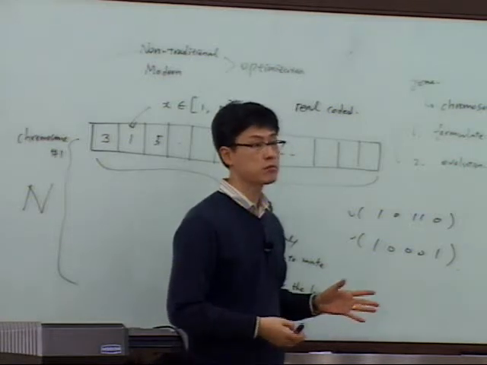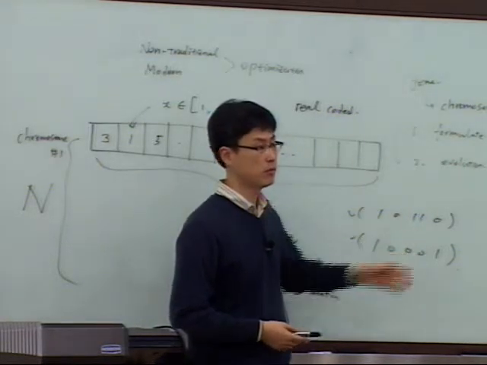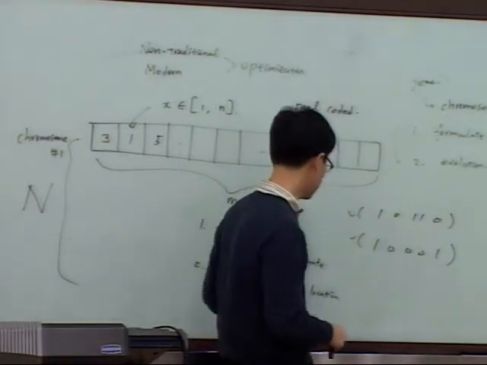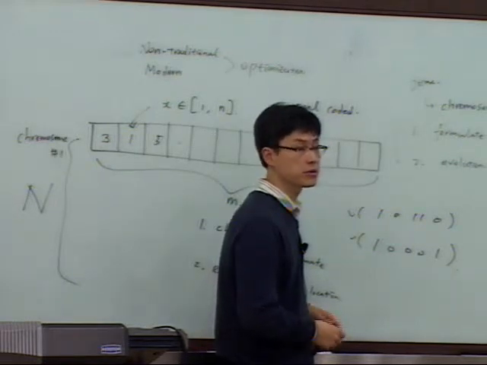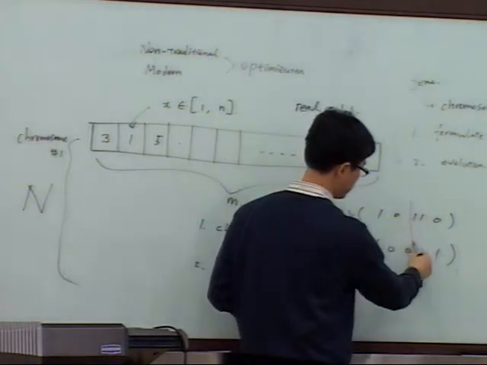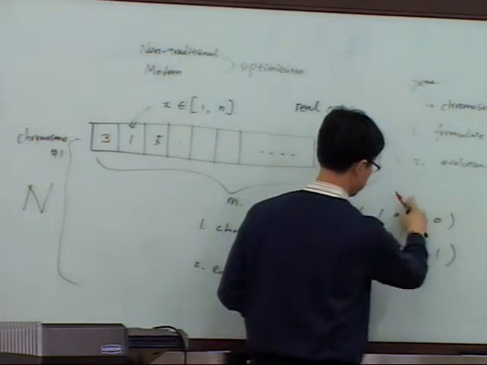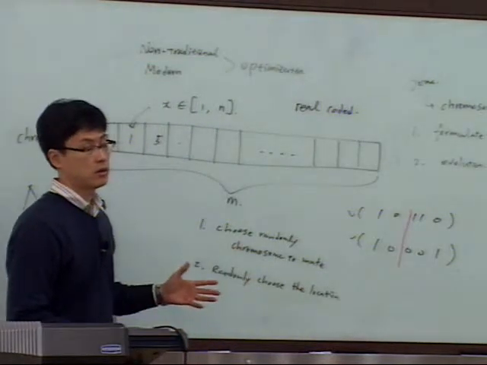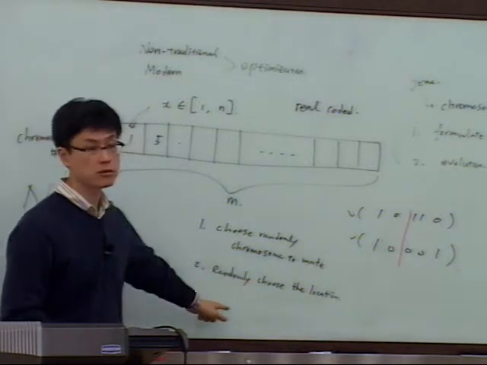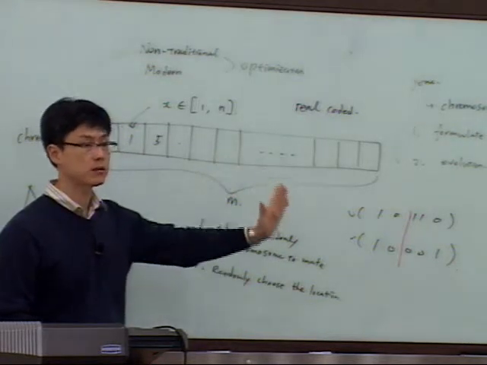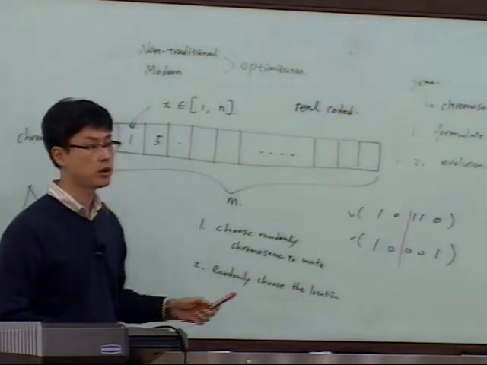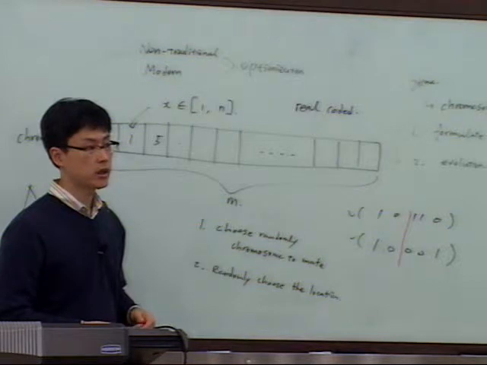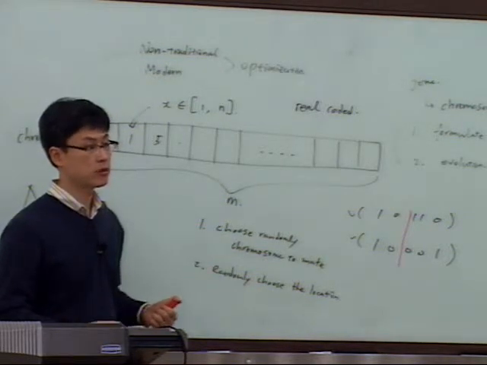So how can we mix these 2 chromosomes? Well, we can first choose the location, but anyway, this is optional. So I choose 1, 2, 3. This location randomly, but you don't have to randomly choose the location anyway. You can just fix the location and then mix it. But anyway, if randomness in your operator increases, the possibility of finding the global optimum will be increased.